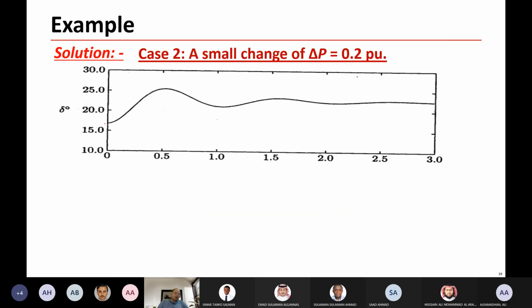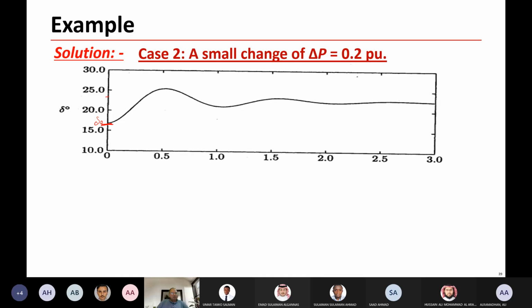Here you can see that the angle starts from delta 0, so there is no change in the angle. If you go back to the zero input response, the angle starts from 10 degrees more, which is the step size.